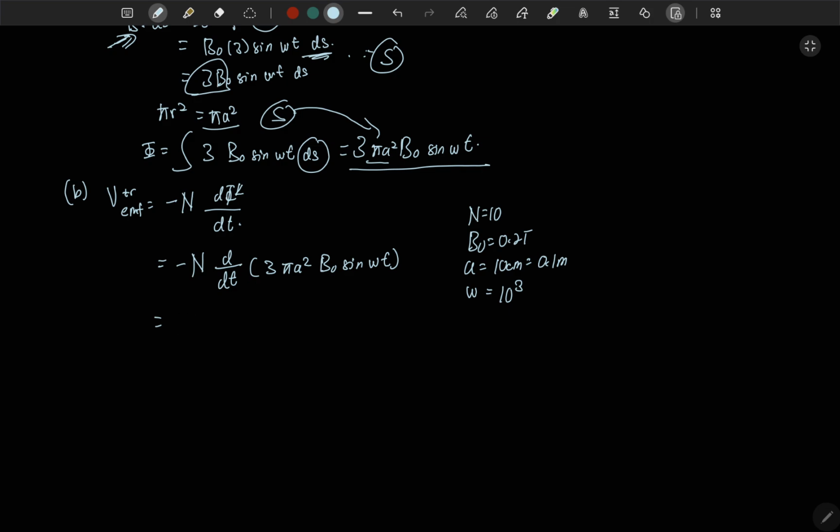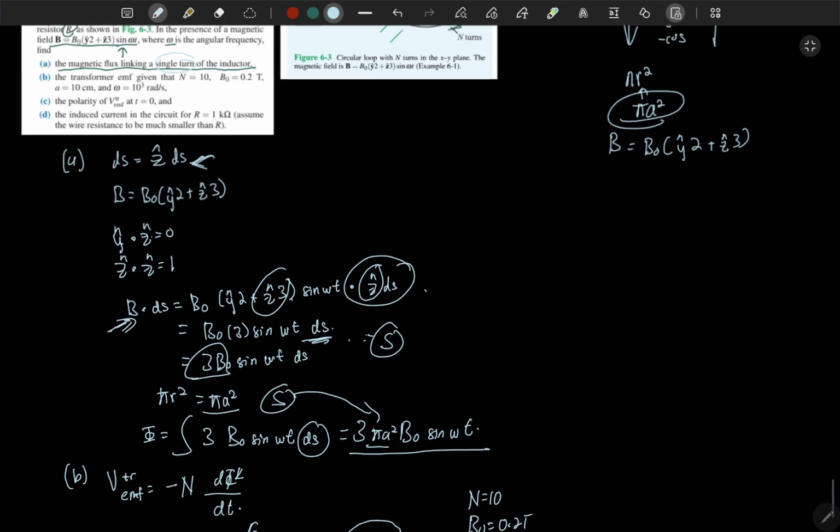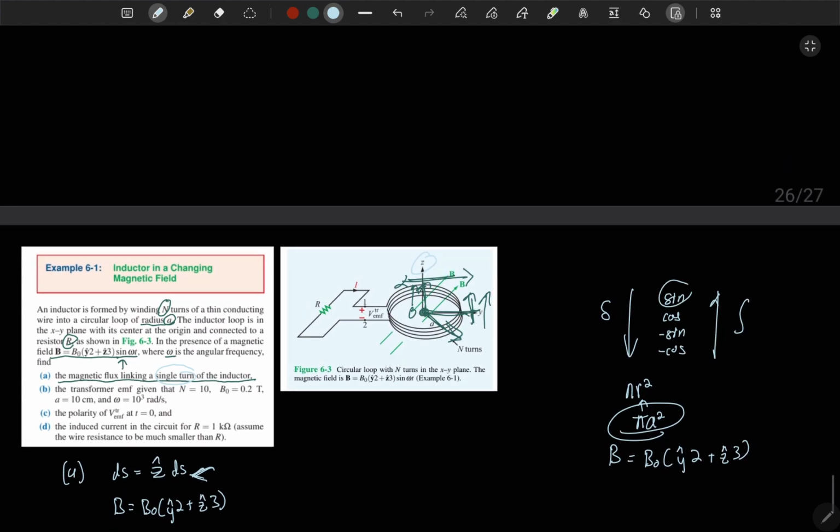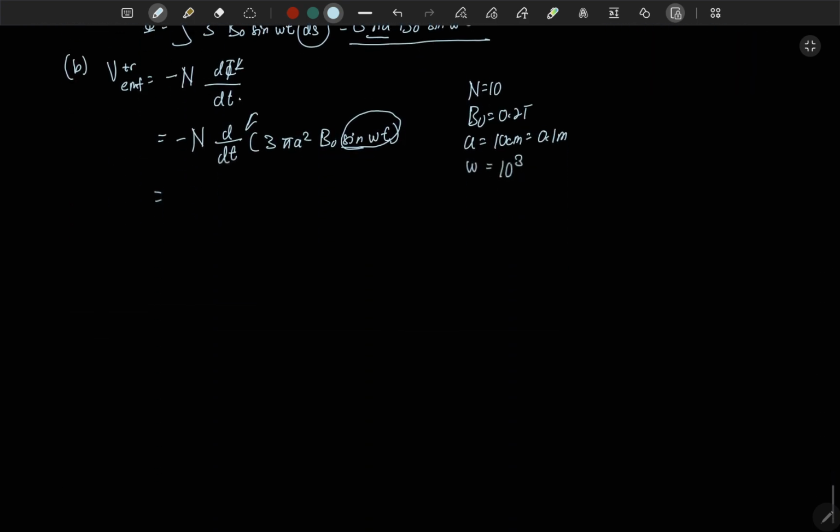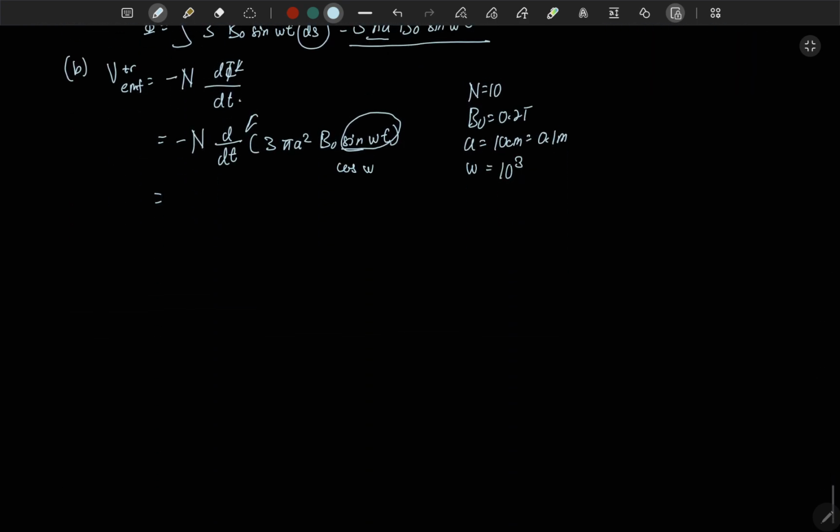Nice. So if you differentiate this over time, the only thing that varies with time here is this. Differentiating sine would give us cos, so this would become cos wt.